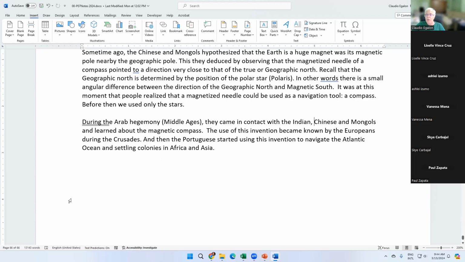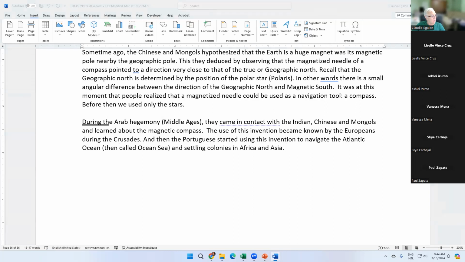And it was the Portuguese that started using this invention to navigate the Atlantic Ocean. They would call the Atlantic Ocean the Ocean Sea. That's how Columbus would call it, the Ocean Sea, settling colonies in Africa and Asia.